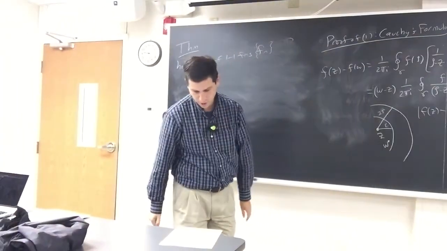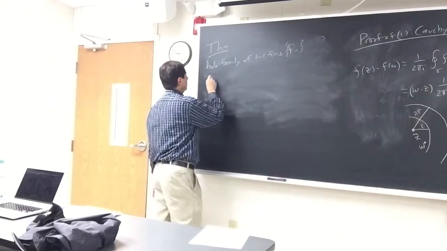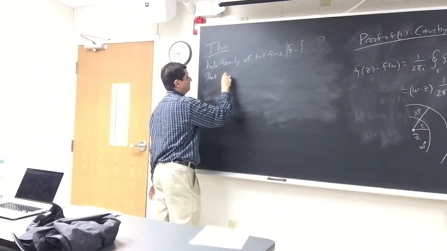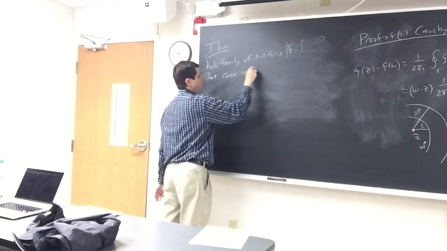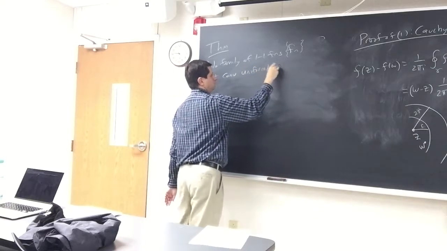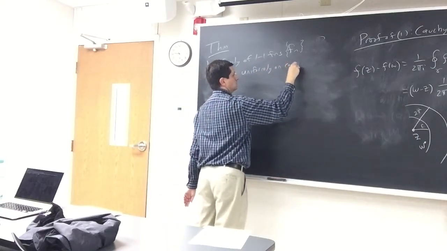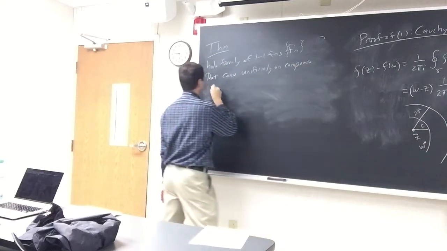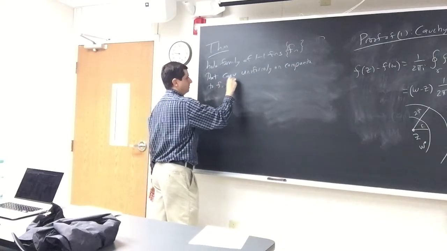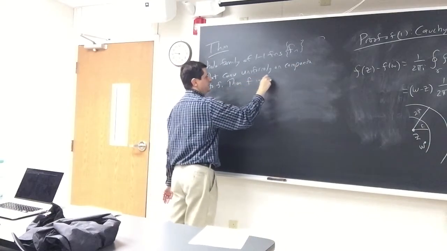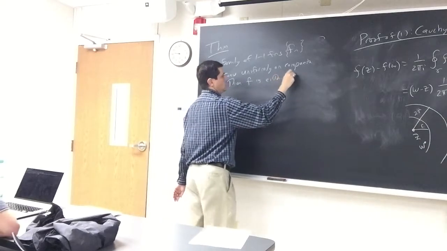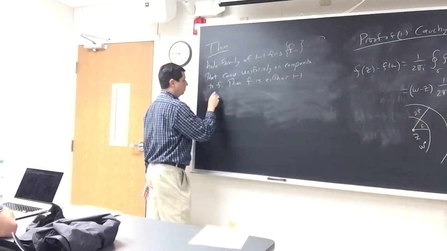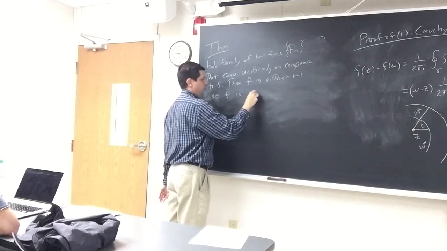I'm going to assume, if I need to assume anything about the limit, nope. That converge uniformly on compacta to f, then f is either 1 to 1 or f is constant.